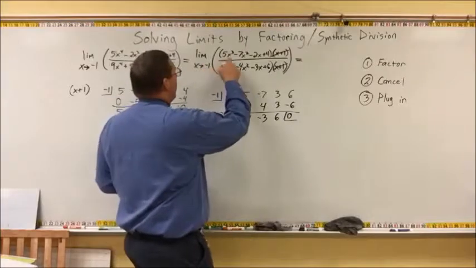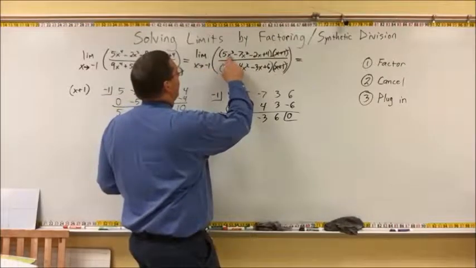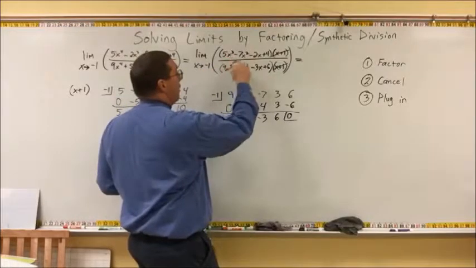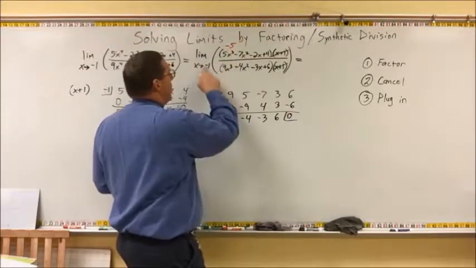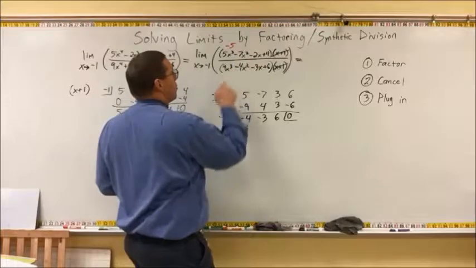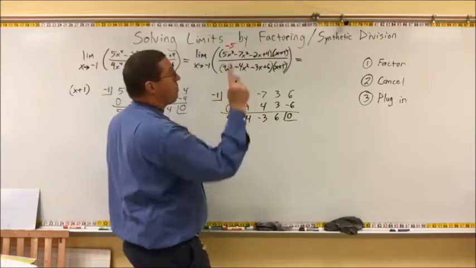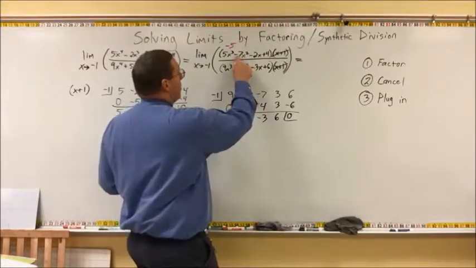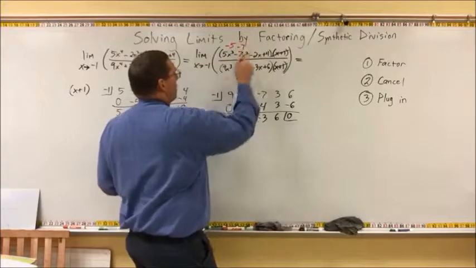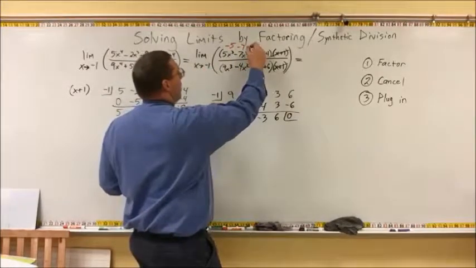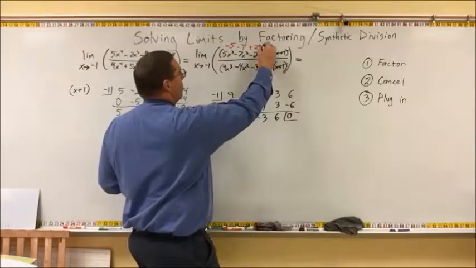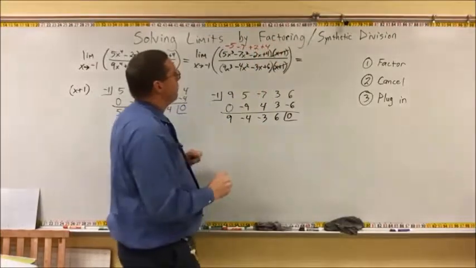So I'm going to put the negative 1 in here, and negative 1 to the third power is negative 1, and negative 1 times 5 is negative 5. Negative 1 in here, negative 1 squared, negative 1 times negative 1 is positive 1. Positive 1 times negative 7 is negative 7. Negative 1 times negative 2 is positive 2, and now we have a plus 4 at the end.